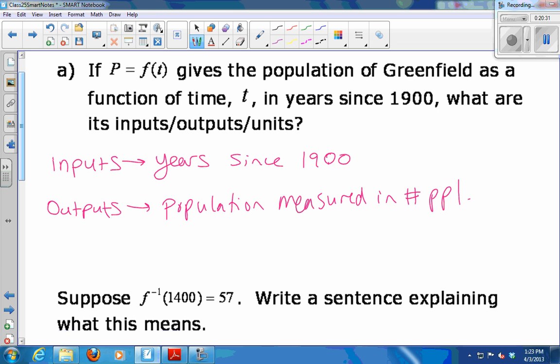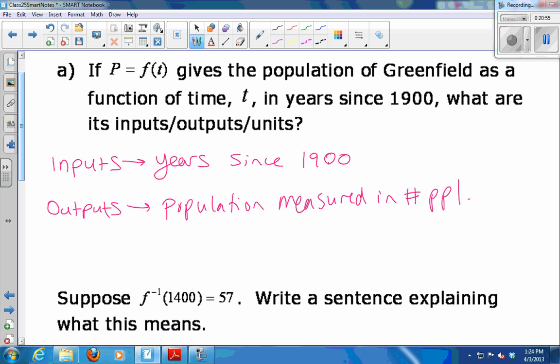Okay, so suppose I told you that F inverse of 1400 equals 57. I would like to explain what this means. So this 1400 in parentheses here, that 1400 is an input to F inverse, right?